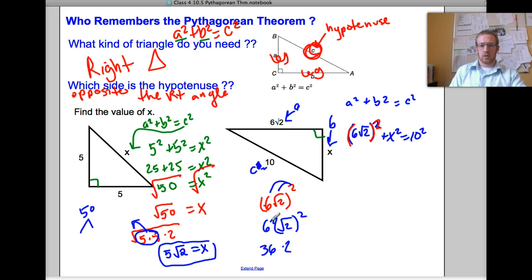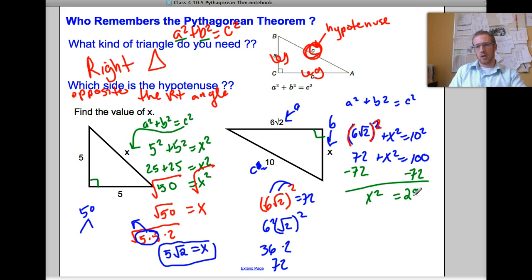So it's 36 times 2, which is 72. So we have 72 plus x squared equals 10 squared, which is 100. And now we're just solving this simple equation. Minus 72, and we get x squared equals 100 minus 72, which is 28.